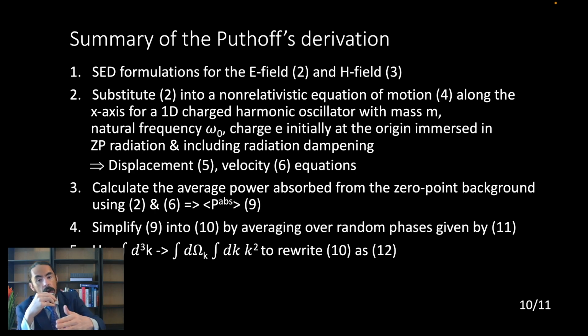Hal Puthoff is saying, we're going to rewind, we're going to go back to that forking-off branch point. We're going to take from the late 70s, early 80s, Tim Boyer's stochastic electrodynamics. We're going to postulate this zero-point field, and we're going to branch off.